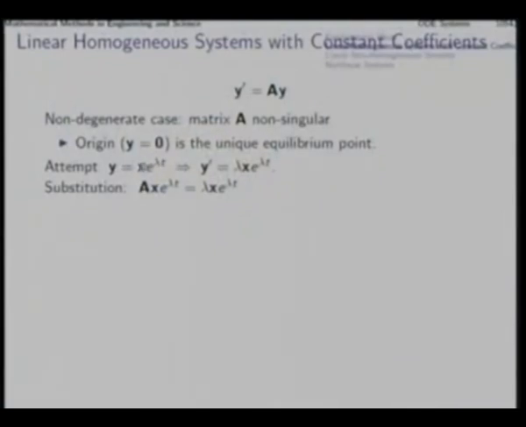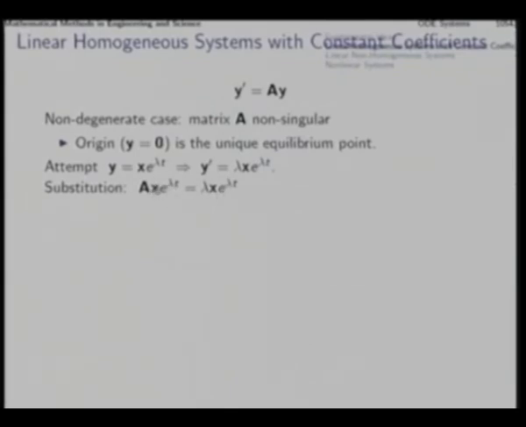And how do we determine that? After proposing the solution in this form, we differentiate it and insert both the proposed solution and its derivative into the differential equation. So, the derivative of this is simply x, a constant vector, into e to the power lambda t into lambda. As we insert the derivative y prime and this proposed function here, we get A x e to the power lambda t is equal to A y, which is equal to y prime, that is this. Now, e to the power lambda t will not be 0 in general.